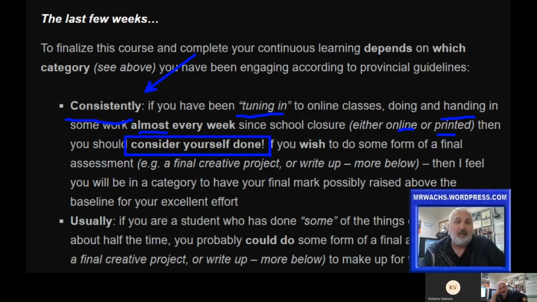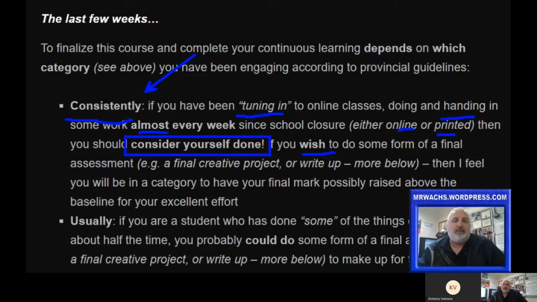It's done, okay? If you wish to do some sort of a final assessment, that is an option for you, not a requirement. That final assessment does not have to be a traditional final project, programmed and put together. It can be that if you want to do that. That could be something fun you'd want to do, but it could also be something in a more non-traditional way.